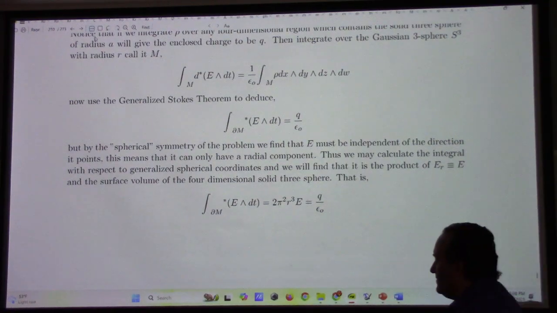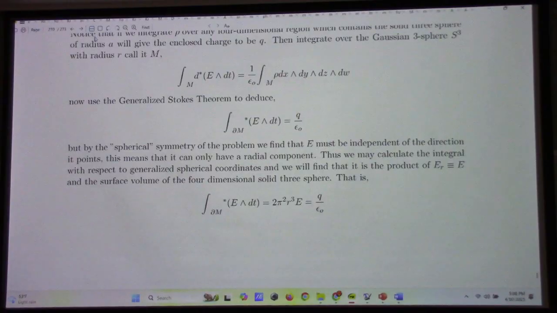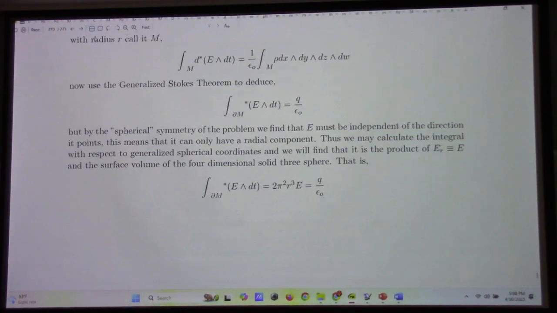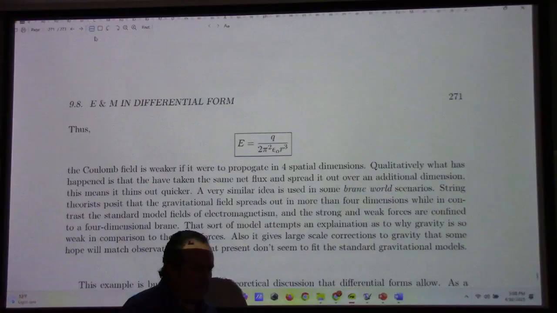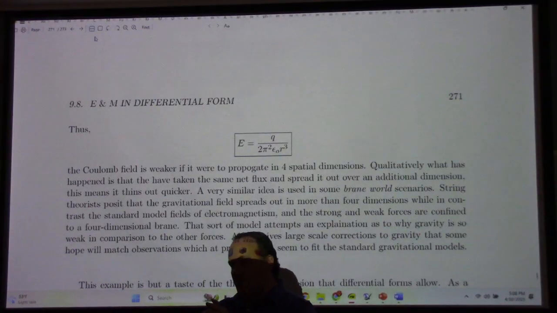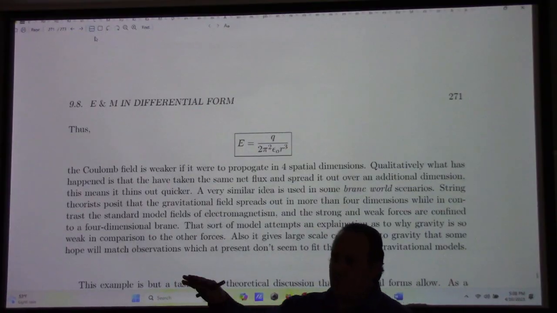And this is one of the reasons that string theorists think that, well, they have various scenarios. One of the popular things when I wrote these notes was so-called brane world scenarios, where the idea is that gravity is able to spread out in all of the dimensions, whereas the standard model fields are stuck on these branes.